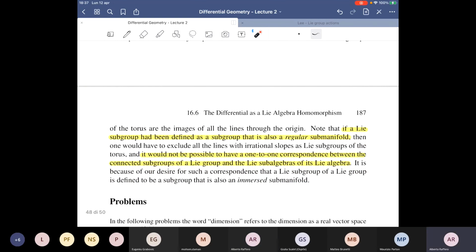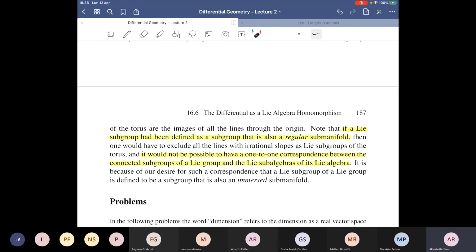And so this tells you why, if you define a Lie subgroup as a subgroup which is also a regular, embedded submanifold, then you lose this property. You lose this one-to-one correspondence.